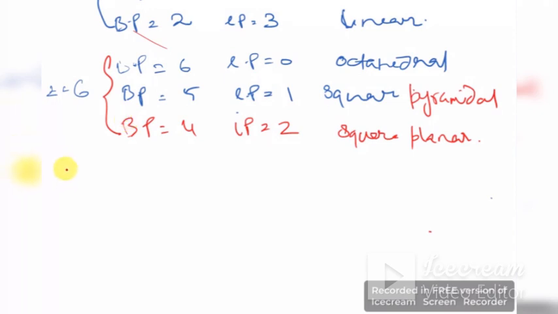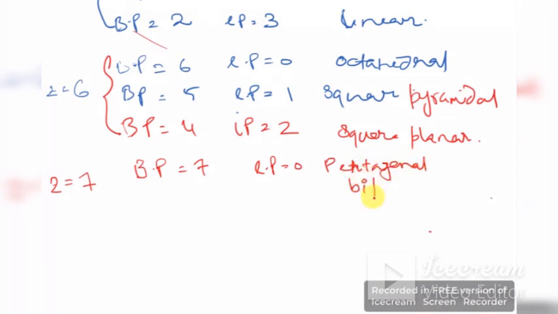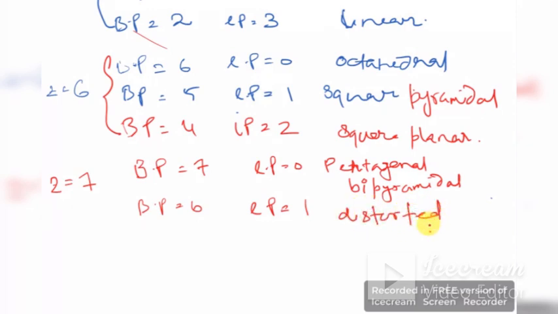Now for Z equal to 7, there are two important variations. If bond pair is 7 and lone pair is 0, then it is called pentagonal bipyramidal. If bond pair is 6 and lone pair is 1, then it is called distorted octahedral.